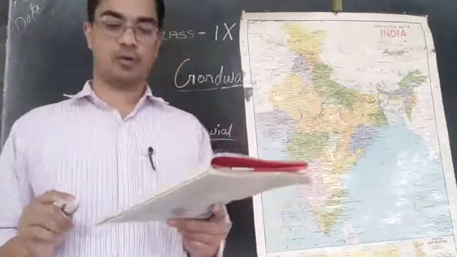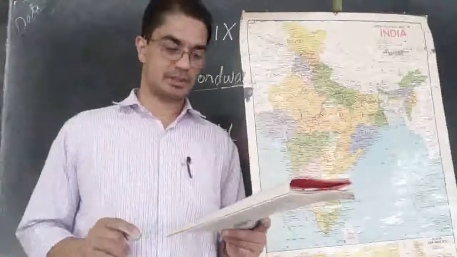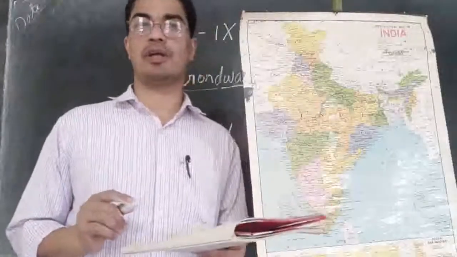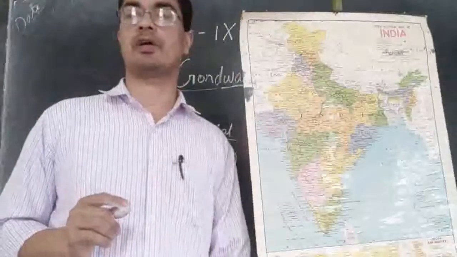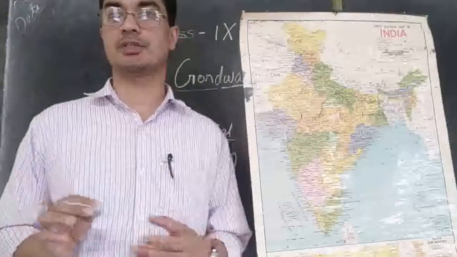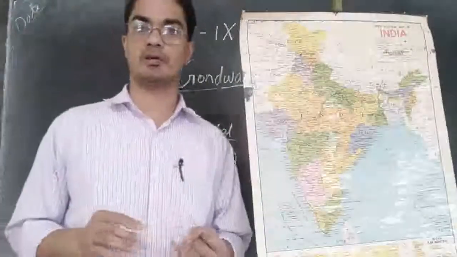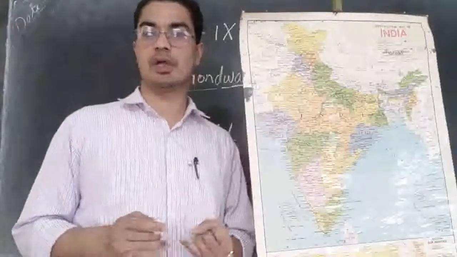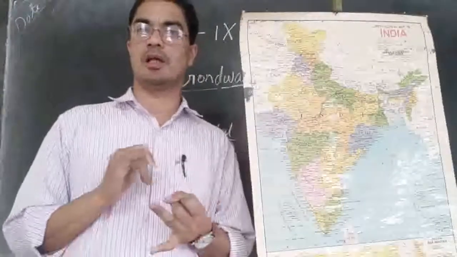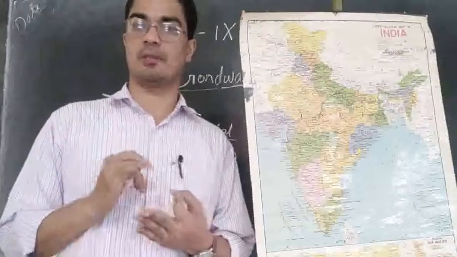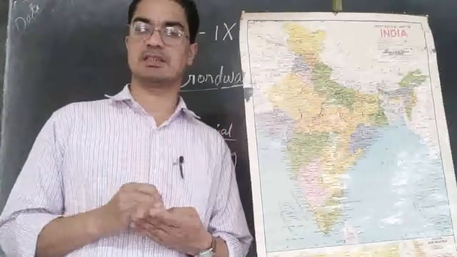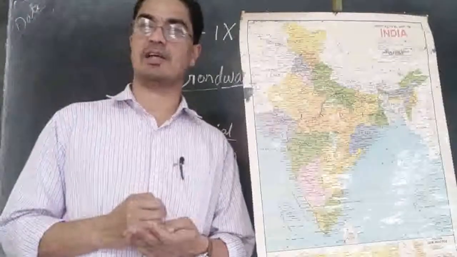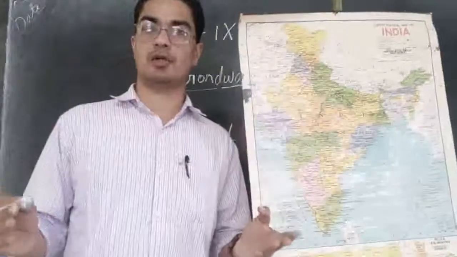Then, the land of India displays great physical variation. So we are all aware of the physical features of our country. We already said in the beginning of the lesson that mountains are there, valleys are there, plains are there, deserts are there, islands are there. So we have a lot of varieties.